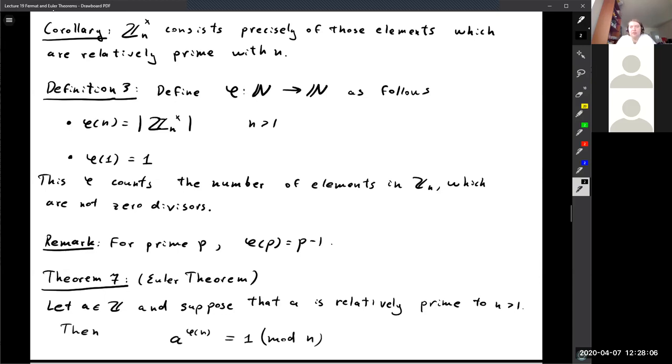Okay, and with all the theory we've built up, the proof would be essentially one line.